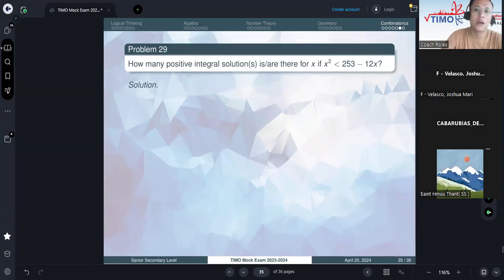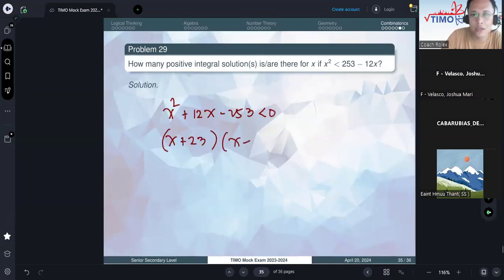So from here, you will have x squared. We have x squared plus 12x minus 253 is less than 0. So we will have x plus 23, x minus 11 is less than 0. Now, this is less than, again, from 11 and negative 23, meaning from negative 23 up to 11.